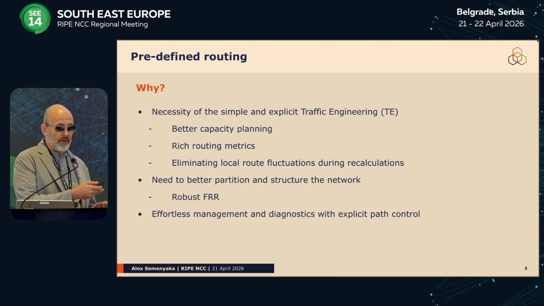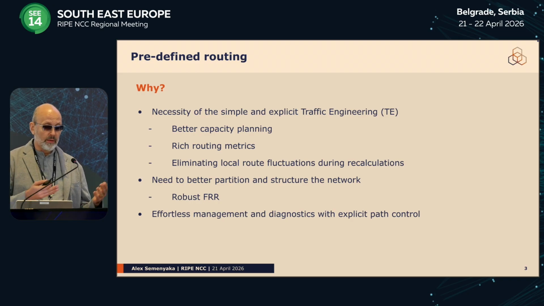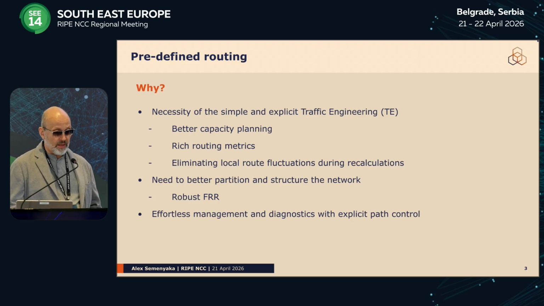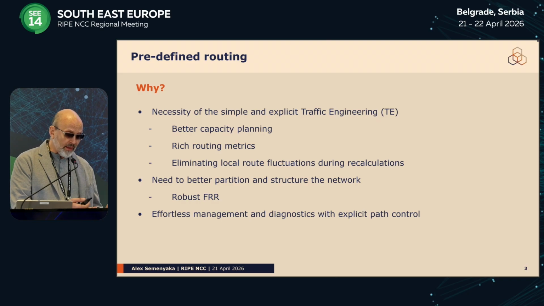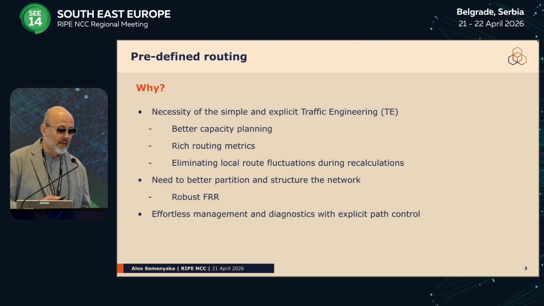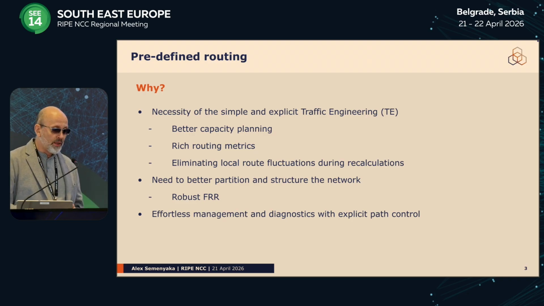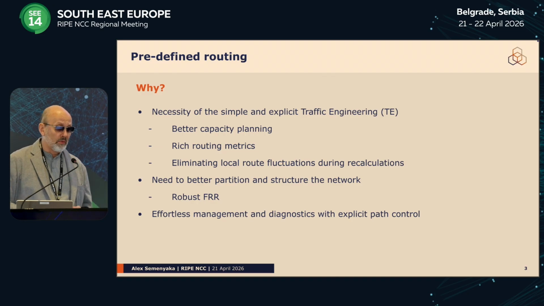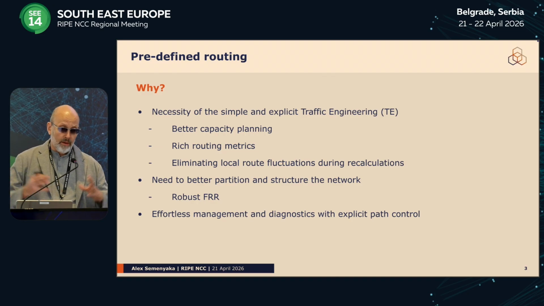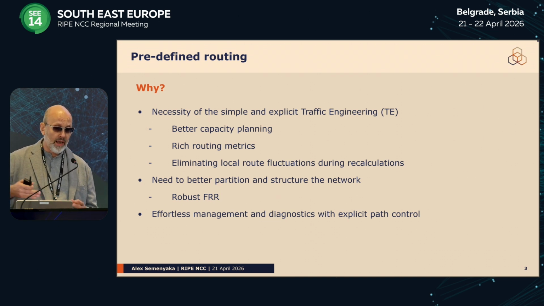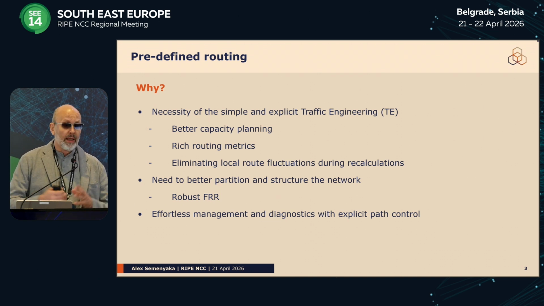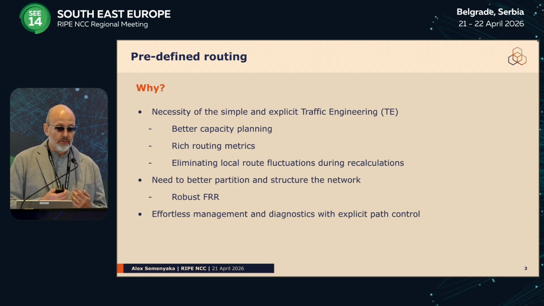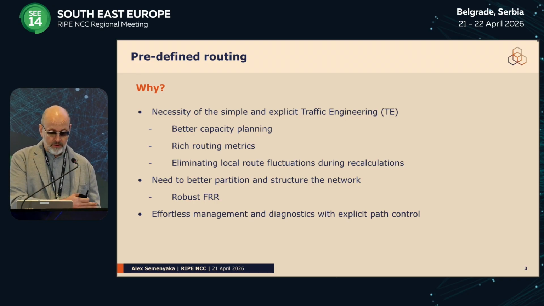If we have traffic engineering, we can get better capacity planning, because the load of our links is now explicitly controlled. We can use a rich metric, because for distributed routing, we have to reduce all aspects we have in the network into one value to make it comparable across the network.